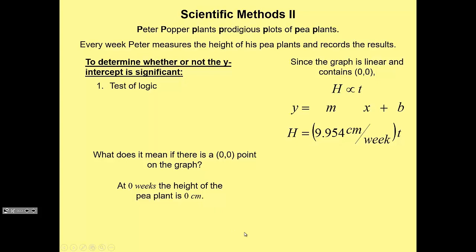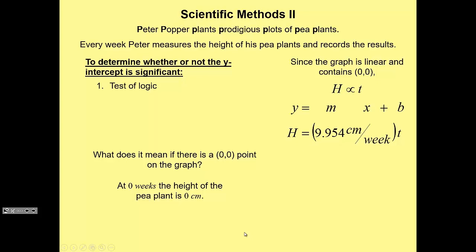Well, we had a 0, 0 point in the data table, which meant when we planted the pea plant, it was probably just a seed, which has no height. So it makes logical sense that our y-intercept is 0. So our logic is telling us that little number we got for a y-intercept was statistical error in our data.